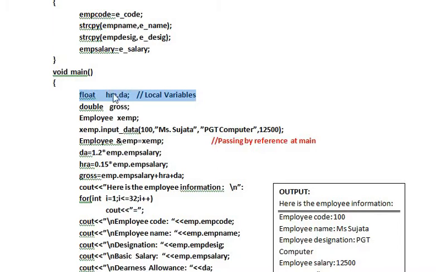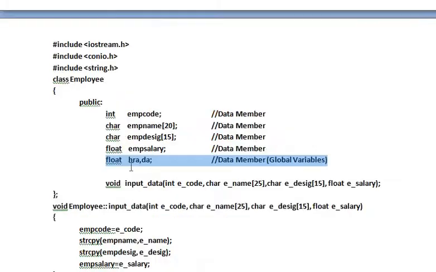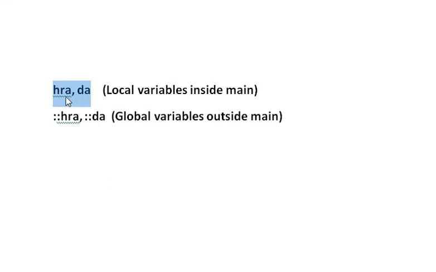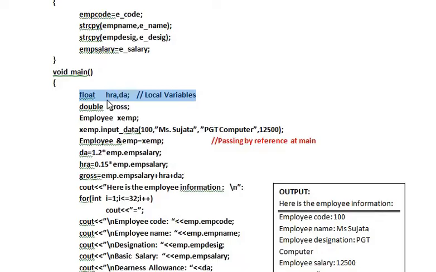So these are the local variables. But these two global variables HRA and DA have to be represented like this. Both these variables have to be preceded with the help of the scope resolution operator. So these two variables represent the global variables, and these two represent the local variables.